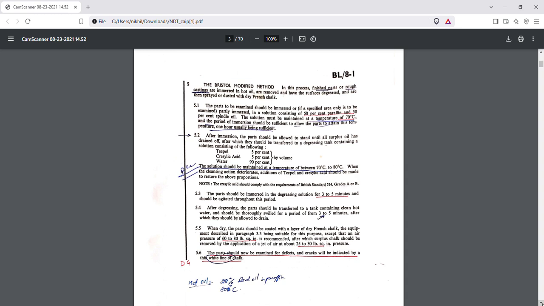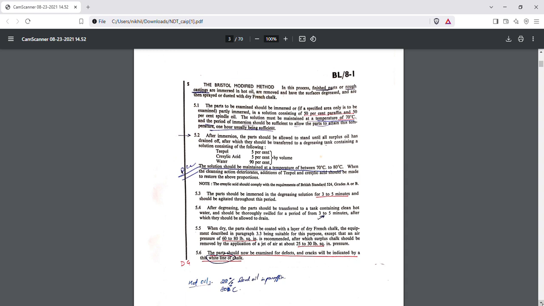The solution must be maintained at a temperature of 70 degrees Celsius, and the period of immersion should be sufficient to allow penetration of the parts by paraffin, a period of 1 hour usually being sufficient. 5.2.